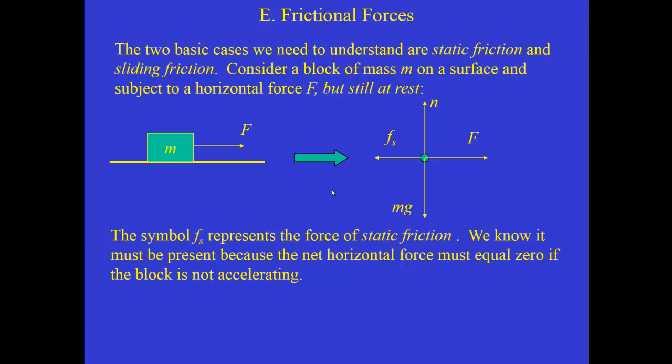Now, if there is no applied force F, then there is no static friction force. So it's an interesting kind of force. It only exists when there's an opposing force applied. And eventually, if the applied force, capital F, reaches some maximum value, then the object will begin to accelerate to the right, and that force of static friction will now be slightly different, and we will call that the force of kinetic friction.